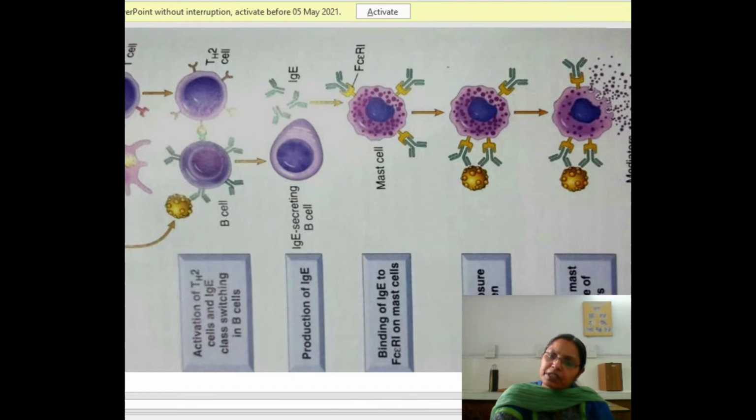The vasoactive amines and lipid mediators will cause an immediate hypersensitivity reaction, so within minutes after repeat exposure to the allergen, they will cause their manifestation. The cytokines, on the other hand, will cause the late phase reaction after 2 to 24 hours, after repetition of the same allergen or antigen.